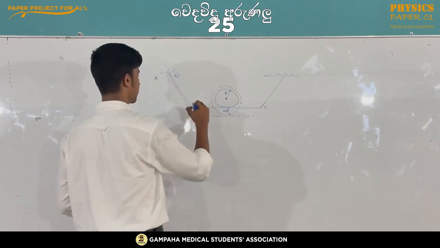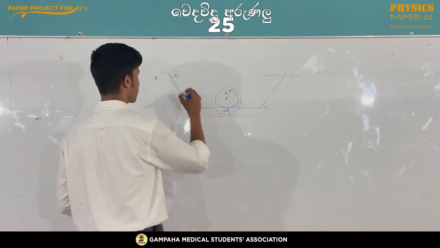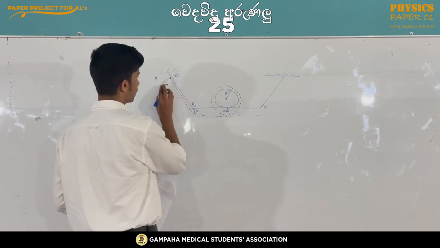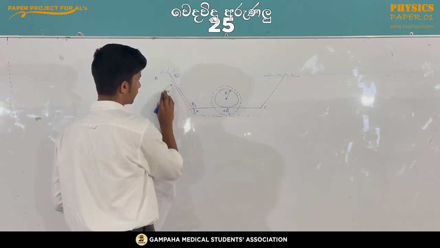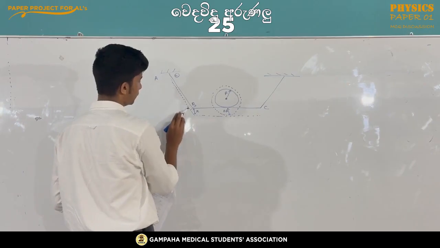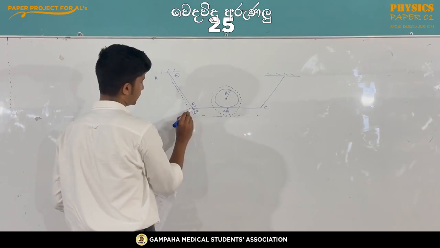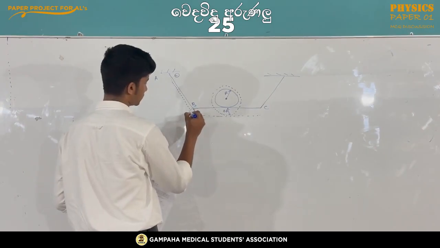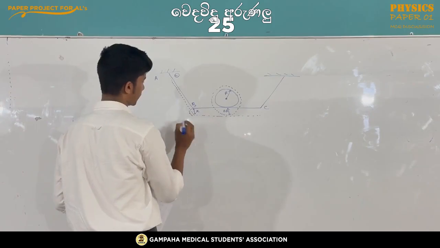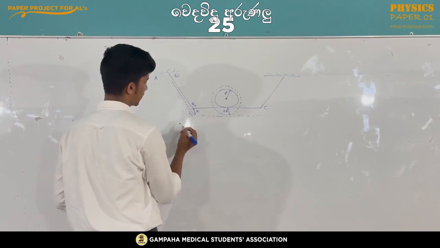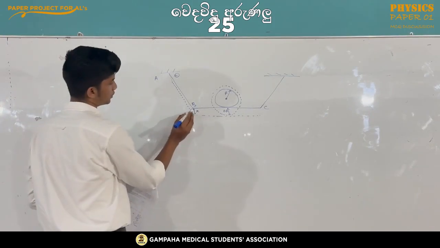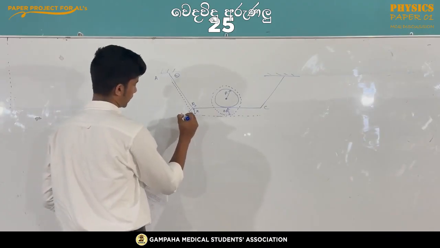So if we draw a perpendicular from this point to this point, the length of the string initially and the final length of the string, which I have indicated using a dotted line, up to this point is equal. So this is the expansion of the string. This is the additional length that is created due to the small temperature change, which we can take as delta L.